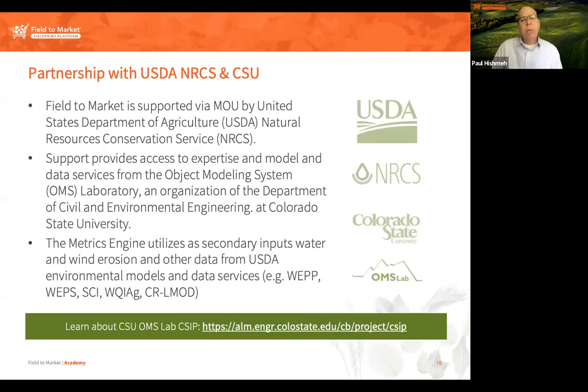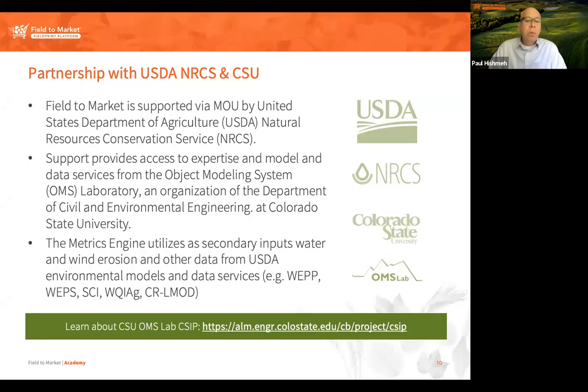I wanted to touch on, because I think it's worth highlighting here, that we have a close coupling with USDA, NRCS, and Colorado State University. We have an MOU with NRCS that supports the expertise that we need for the model and data services that ultimately feed into our metrics engine. So our metrics engine has some homegrown calculations, but a lot of those metrics you see, like soil conservation, soil carbon, water quality, a lot of these are NRCS or USDA more broadly models.